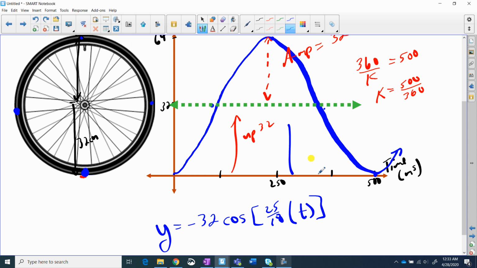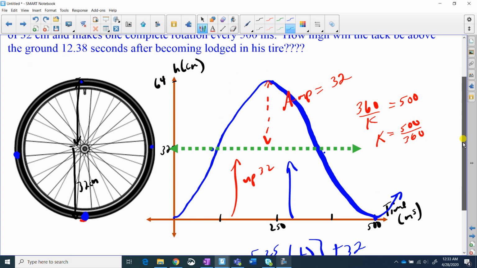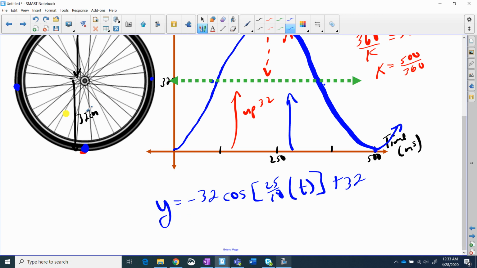No phase shift. Vertical translation up 32, so plus 32. The question asked me, where would that tack be at 12.38 seconds? Now, I have to change that to milliseconds because the scale I've got here for T is built on milliseconds. 12.38 seconds times, for every 1 second there would be 10 to the 3 milliseconds.